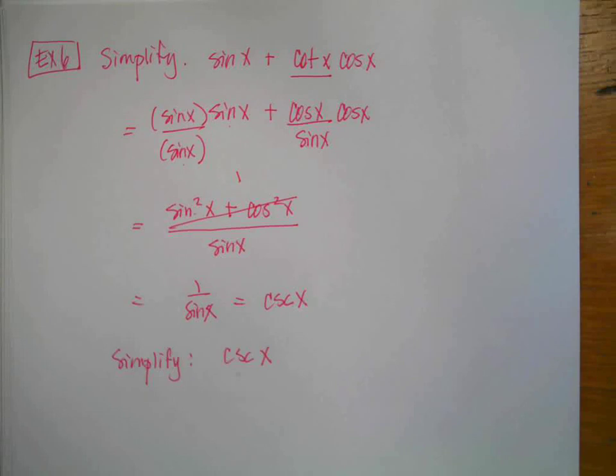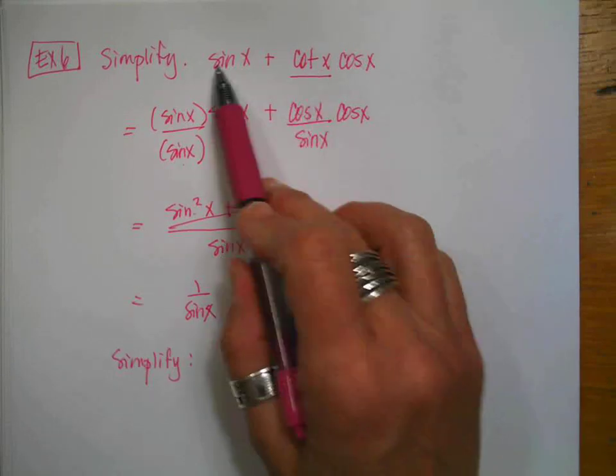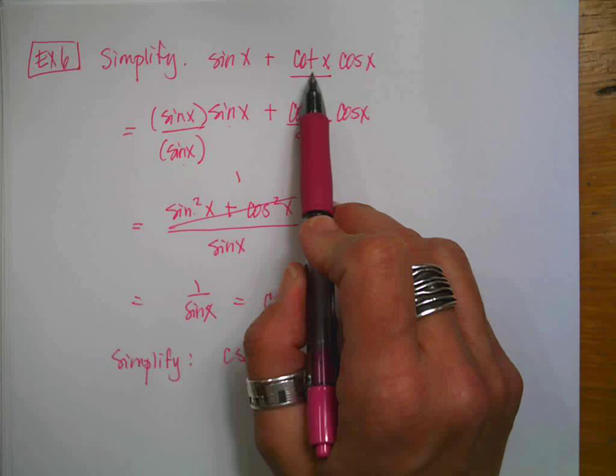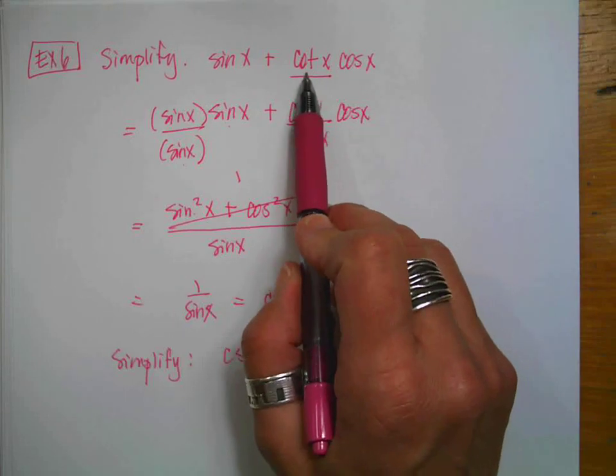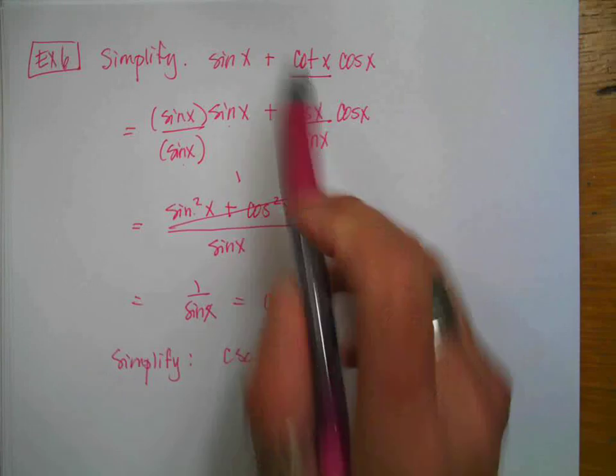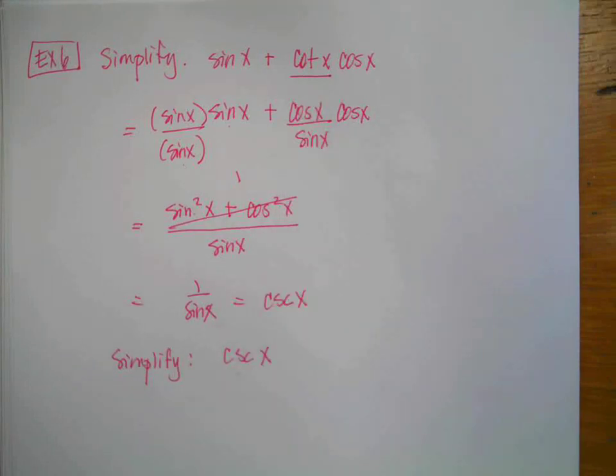So it's actually kind of cool. Oftentimes in these types of problems, if you have mixed ones, like this is in terms of both sine and cosine, I would start by trying to rewrite cotangent. The other thing that I will tell you about this chapter is it's a little bit entertaining. The identities can be challenging.